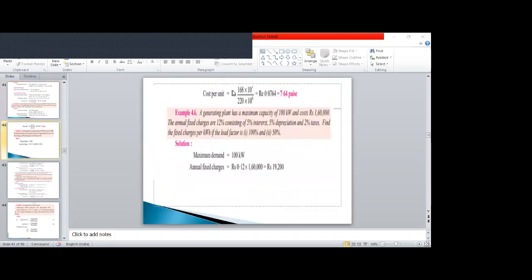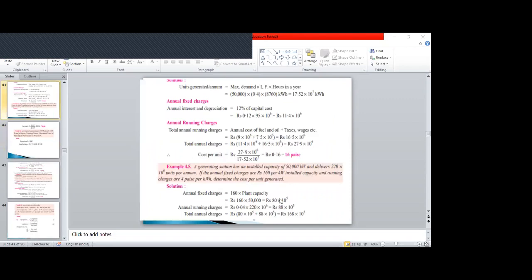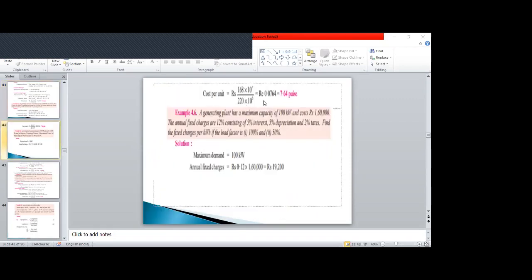What you get will be in rupees, very important, because this is in rupees. So you convert into paise because it is small. Instead of telling 0.076 rupees, better to tell 7.6 paise, is it not? Yes. Okay.